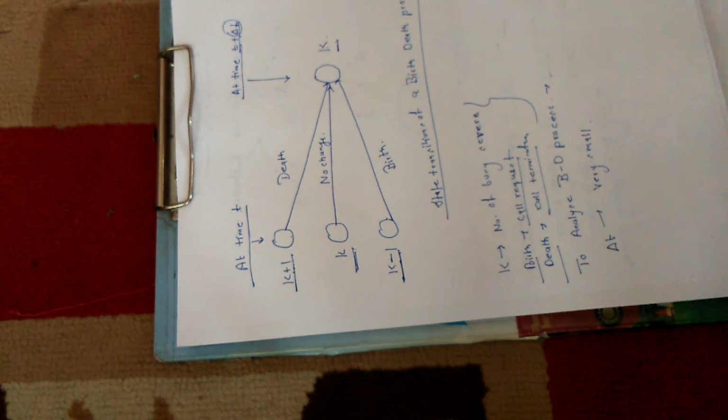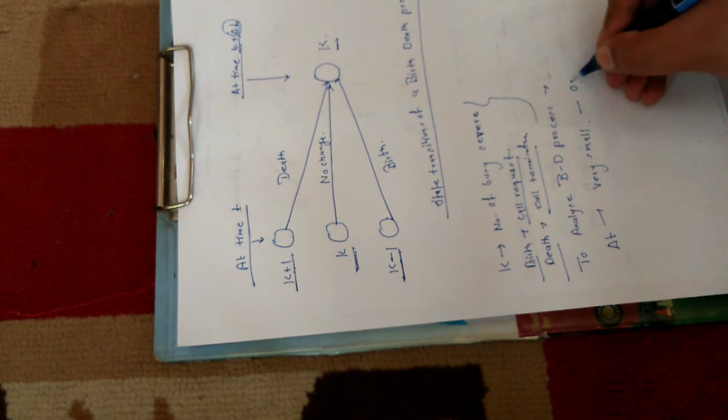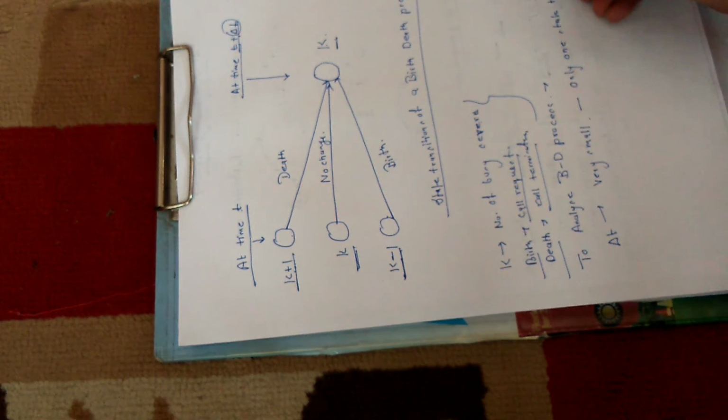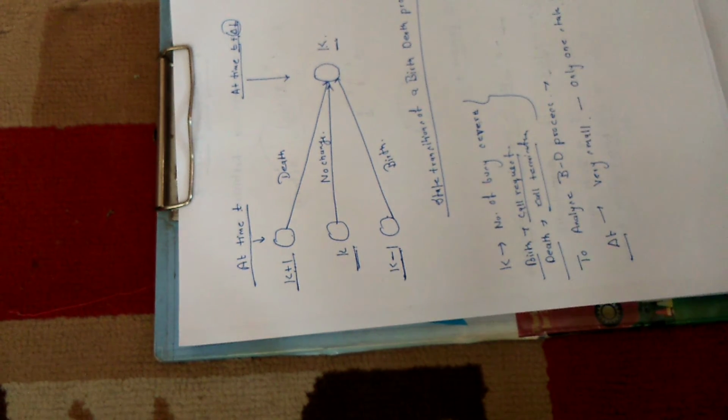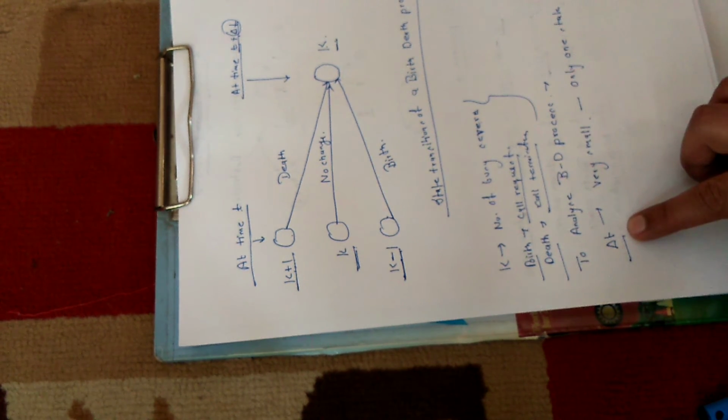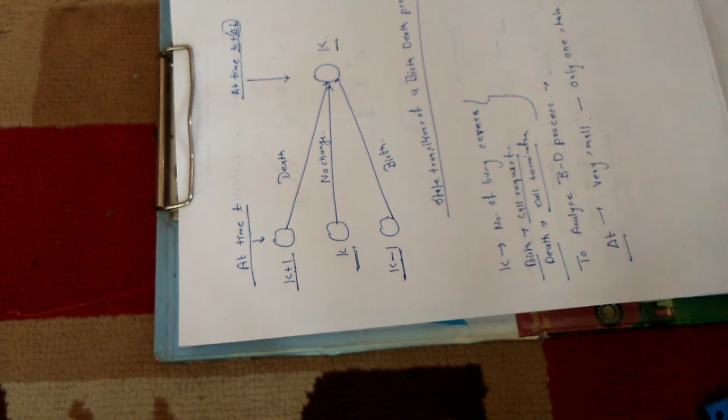So almost only one state transition can occur. Our first assumption is that the observation time del t should be very small, so only one state transition can take place: either a single birth, a single death, or no change.